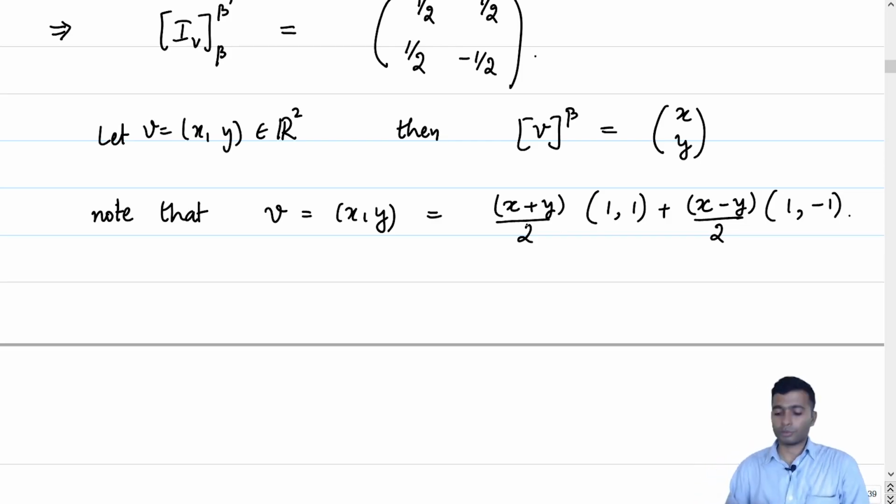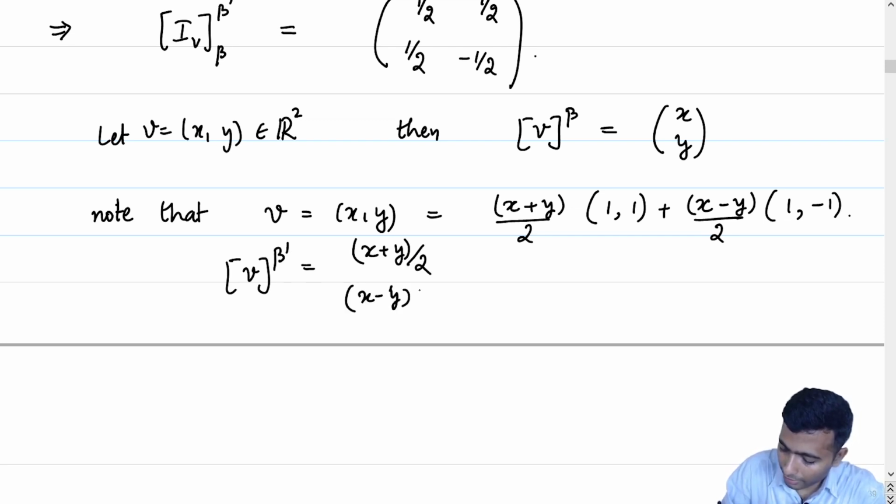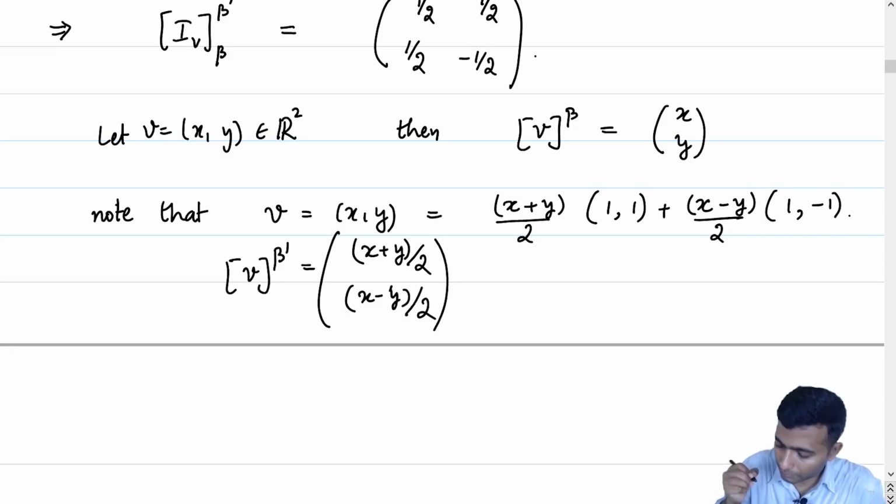Yes, this is what our (x, y) is with respect to (1, 1) and (1, -1). So v beta prime is ((x plus y)/2, (x minus y)/2), isn't it?